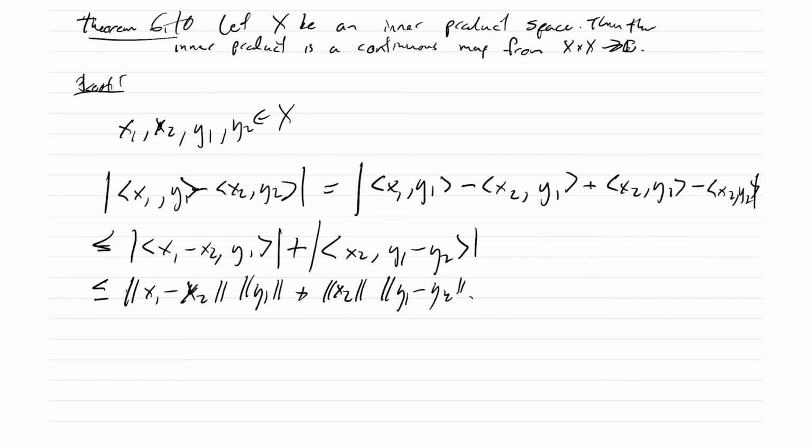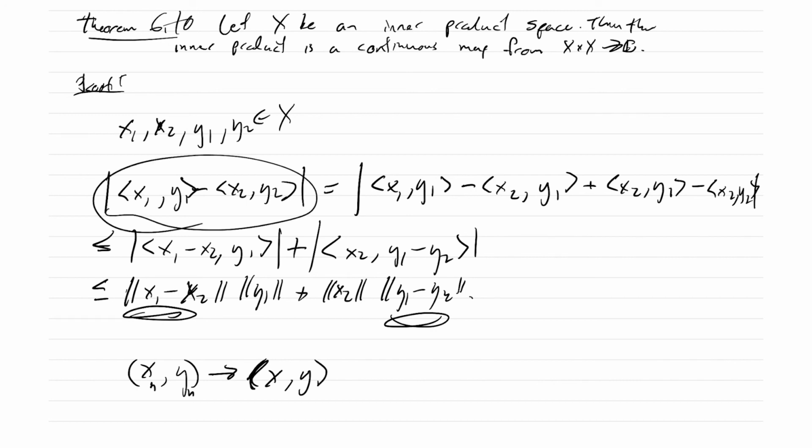Now I see that if I have a sequence (xn, yn) as a point in X cross X that converges to some (x, y), then the differences between the x's are going to go to 0, and the differences between the y's are also going to go to 0, and therefore this goes to 0, and therefore we have continuity, right?